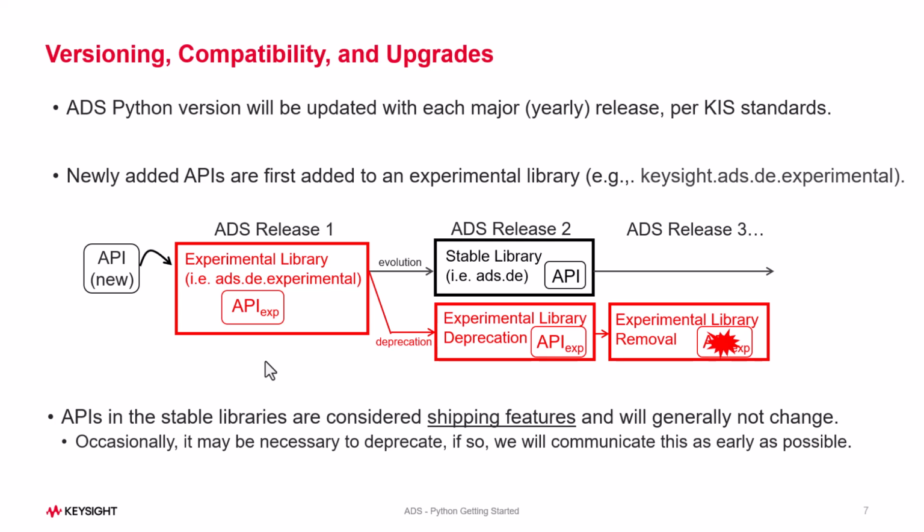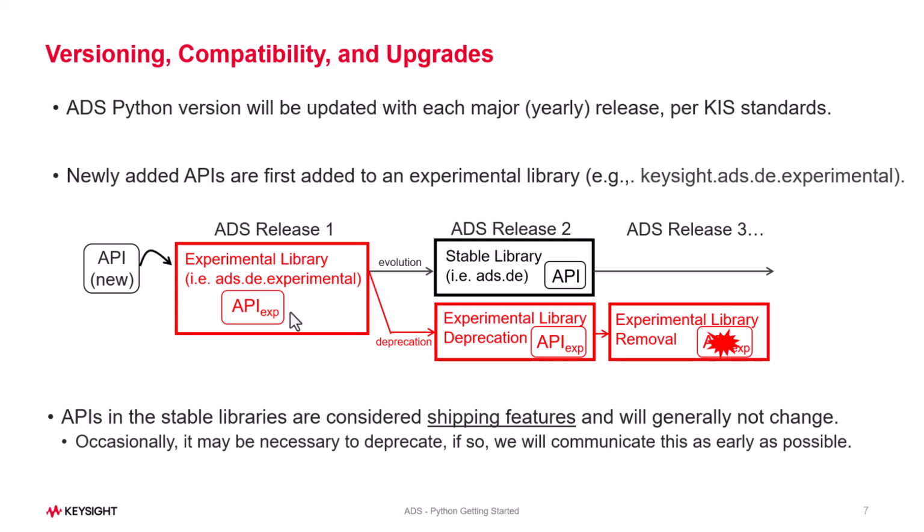Now, since you are venturing into the Python API side of things and starting to do programming, it's important to understand how Keysight will introduce APIs and how they will be managed. First of all, the ADS Python version is likely to be updated yearly with every major ADS release, as per Keysight standard. Any newly added API is first going to be added into an experimental library, as you can see on this slide.